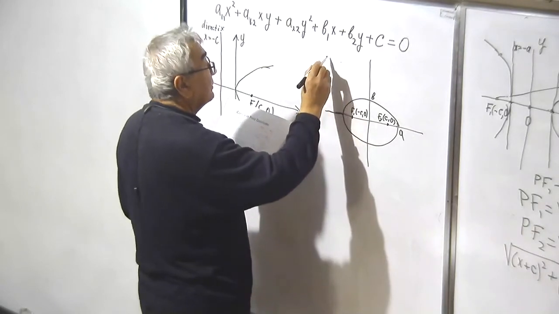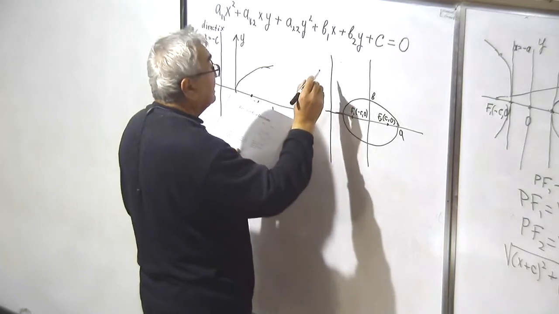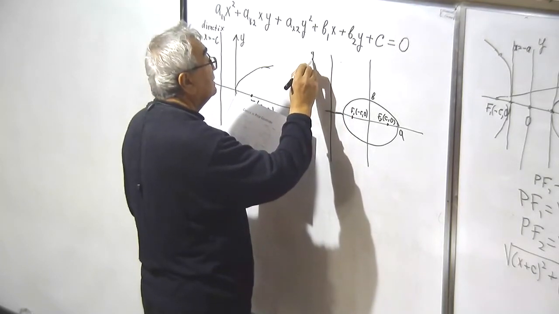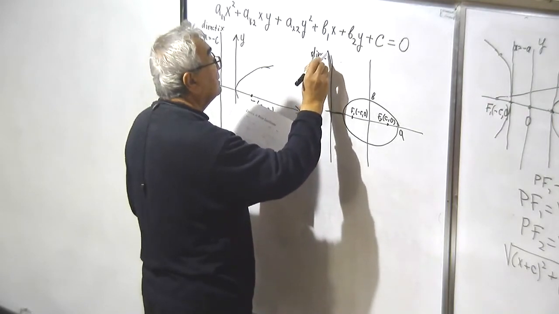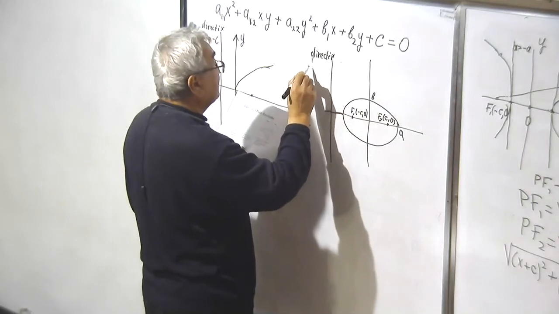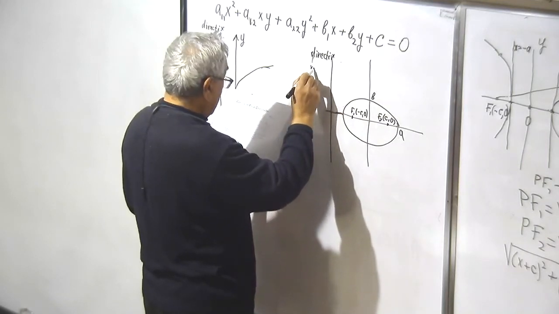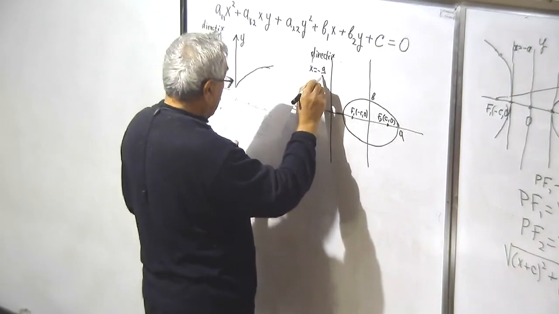The directrix should be on this side: x equal to minus a by epsilon.